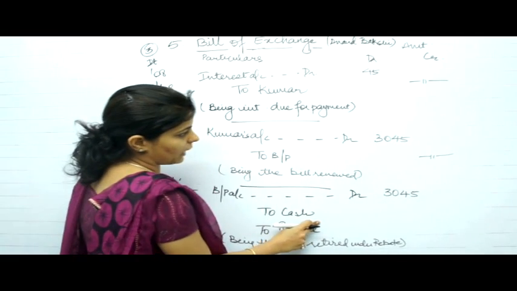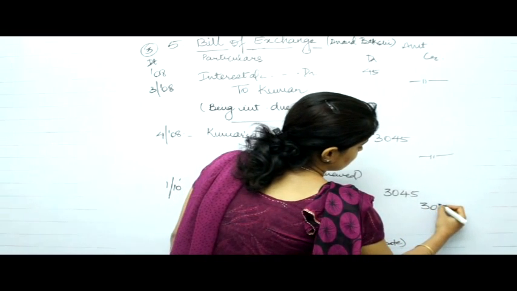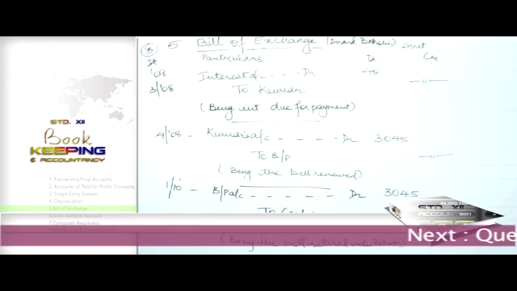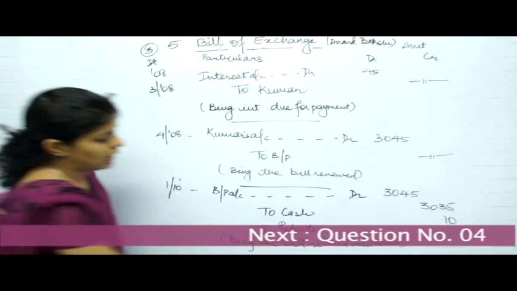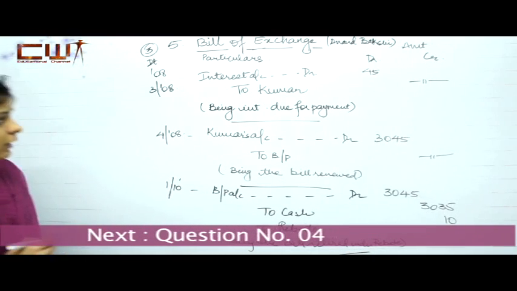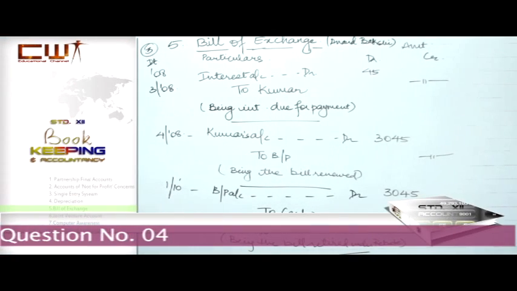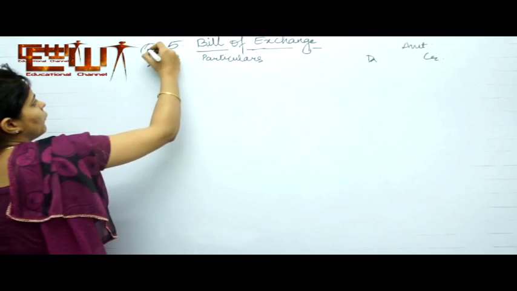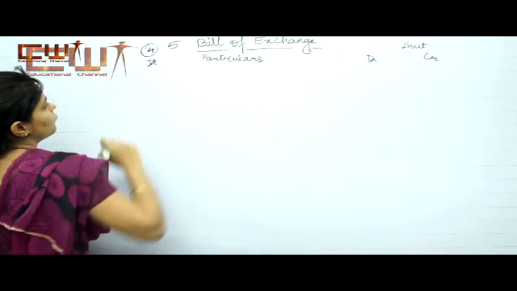And what is the amount of cash he is actually paying? And the rebate is rupees 10. This is how you do the entry, and this is the closure of the account. This is in the books of Anand Bakshi. This was the second question that has been done. We move on to the next numerical, question number 4.